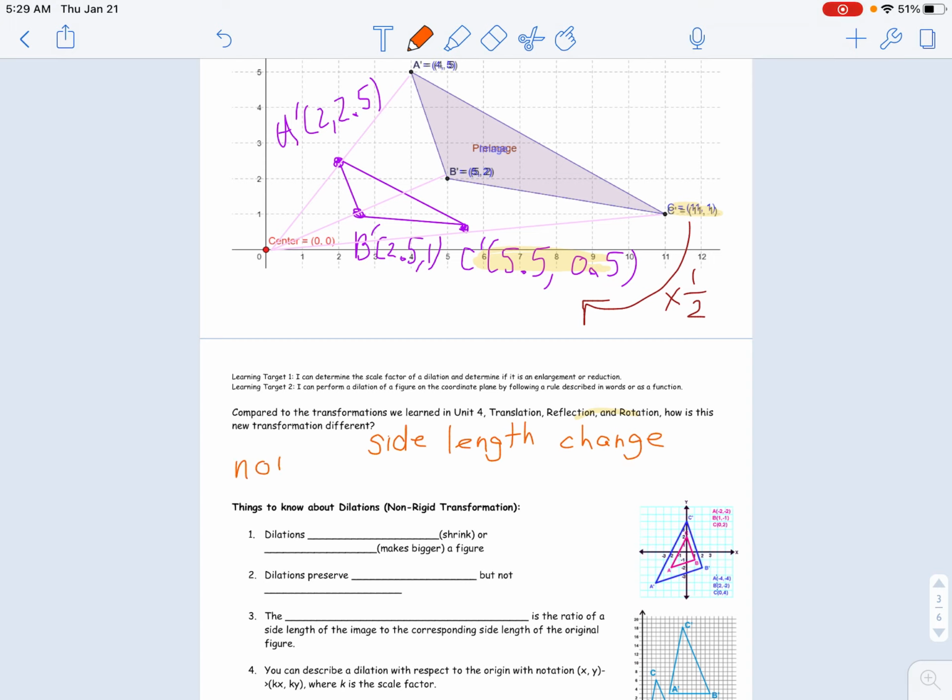These are non-congruent, non-rigid. Sometimes people call this a soft transformation, not a rigid one. Angles, what's going on with angles? A little foreshadowing, the angles actually stay the same. Pretty cool if you think about it, but we'll go into more detail on that in the future.